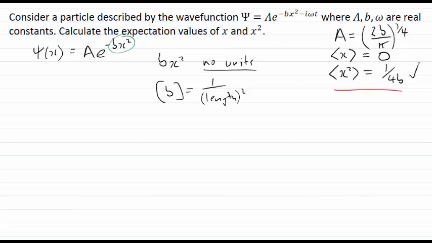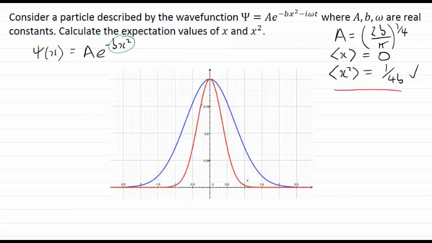This says that as b gets larger, my expectation value of x squared should get smaller. And that might depend a little bit upon how familiar you are with things like Gaussian functions. So let's have a quick look. Here's a diagram showing a couple of Gaussian functions where the only thing we've changed is the value of b.